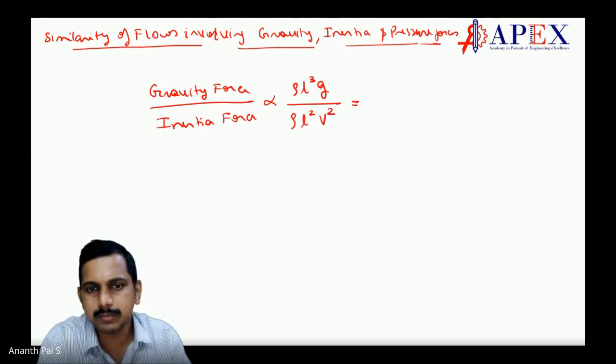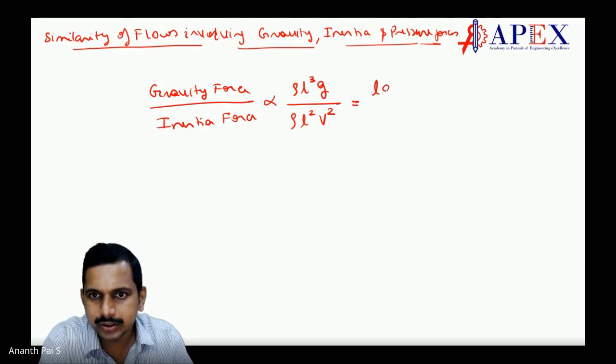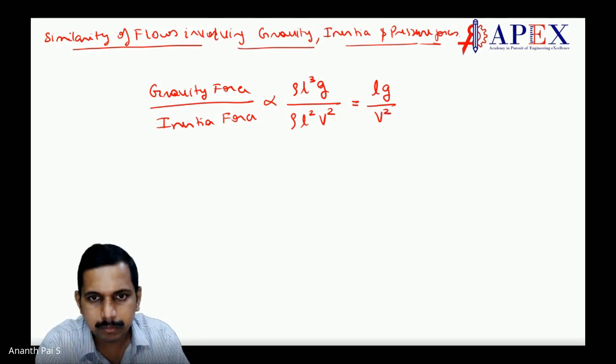So this will come equal to Lg by V square. Correct? It comes as Lg by V square.